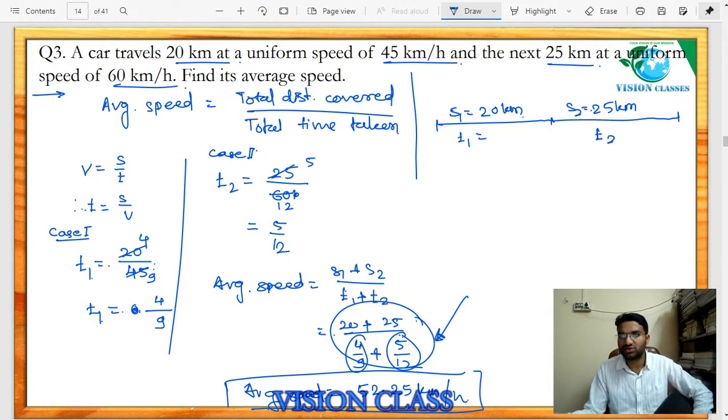It's total distance covered over total time taken. If you first calculate time T1 and T2, you will get T1 is equal to 4 by 9 hour and T2 is equal to 5 by 12 hour, right? And that is how you will get the final answer, average speed.